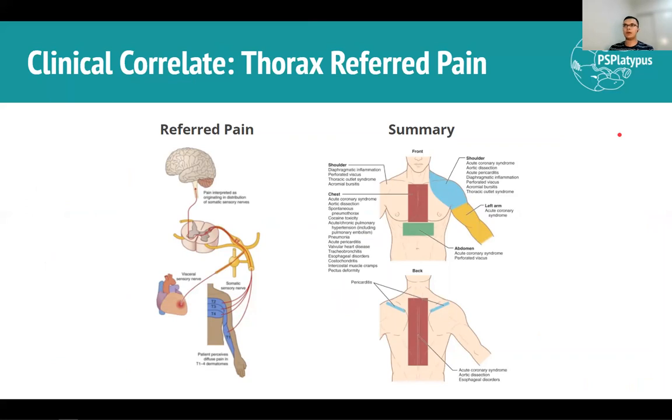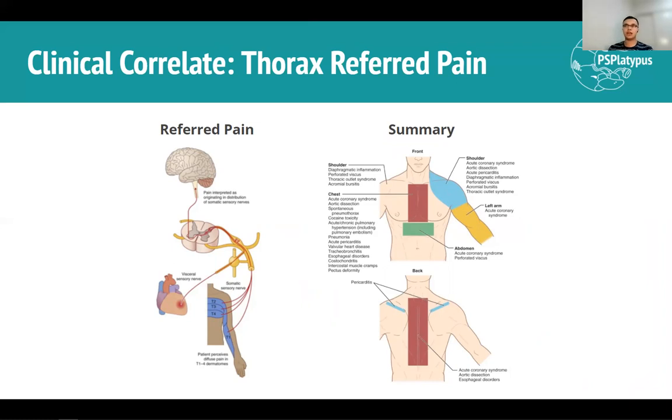Next up, we're going to be talking about referred pain in your thorax. So as a reminder, referred pain is usually when you have damage to an organ or a viscus. Rather than you feeling the pain at that organ, you actually feel the pain at a different spot on the overlying skin. And the reason for it has to do with your body confusing the location of the pain. So the example that's given here is that, let's say you had damage to your heart, right? And that could be because of a myocardial infarction or some other reason.